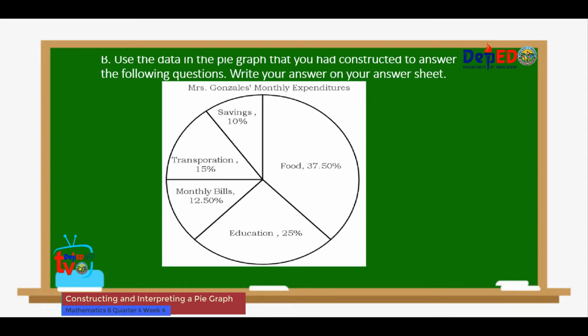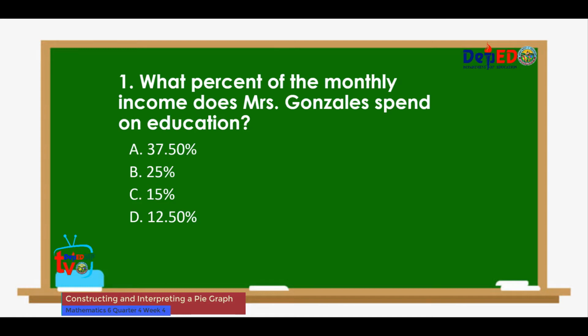Letter B. Use the data in the pie graph that you had constructed to answer the following questions. Write your answer on your answer sheet. Number 1 question. What percent of the monthly income does Mrs. Gonzalez spend on education? Letter A. 37.50%.